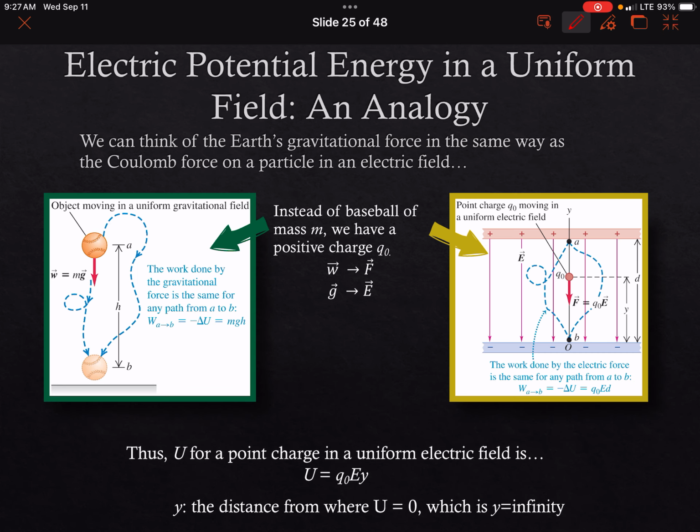So I mentioned already a few times the analogy: what a mass in gravity was in Physics 1 is a particle in an electric field in Physics 2. So we swap the weight vector, mg, with the force, F equals QE, where g was a vector and E is a vector, and m and Q are scalars. You can see the one-to-one correspondence there.